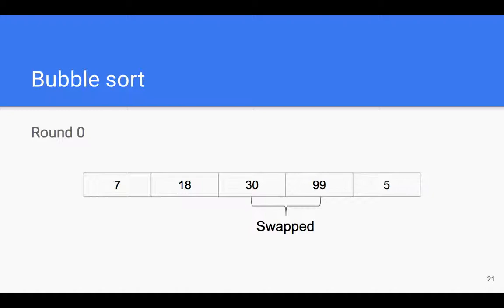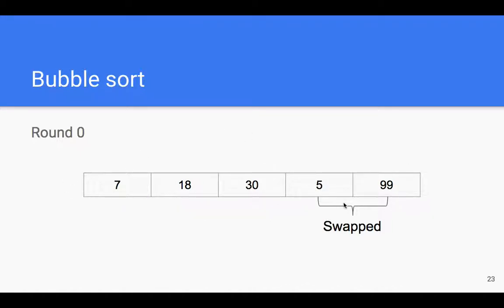So we have to swap them. And finally, the last pair we compare is 99 with 5. Again, 99 is bigger, so it should go to the right side of 5. So we swap them.